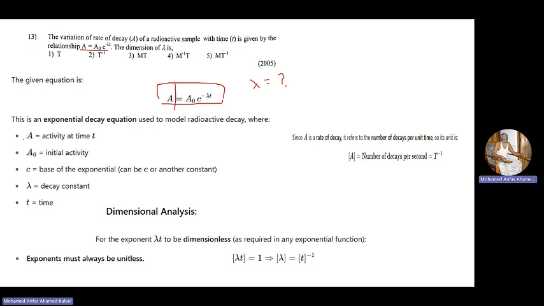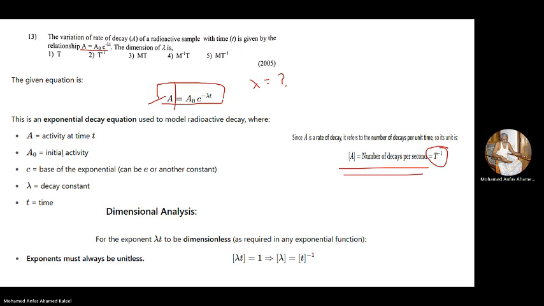A is the rate of decay. It refers to the number of decays per unit time. So its unit is T minus 1.